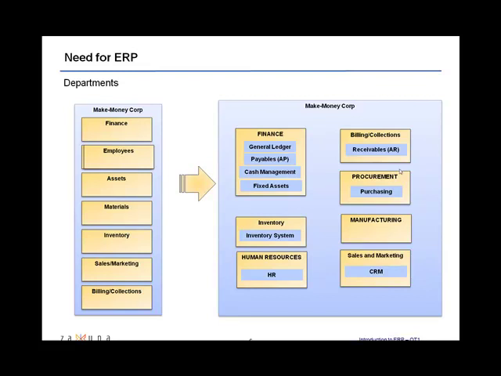Another reason why companies would need an ERP, for example, is, let's say the organization comes up with a new product, and now sales and marketing needs to market that product. It may not exactly know how many of their potential customers in the list are actually using their existing products, which they can get by going to the AR system.